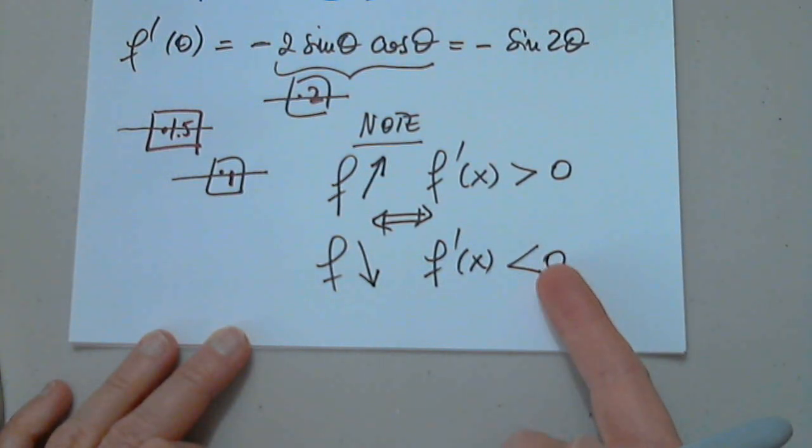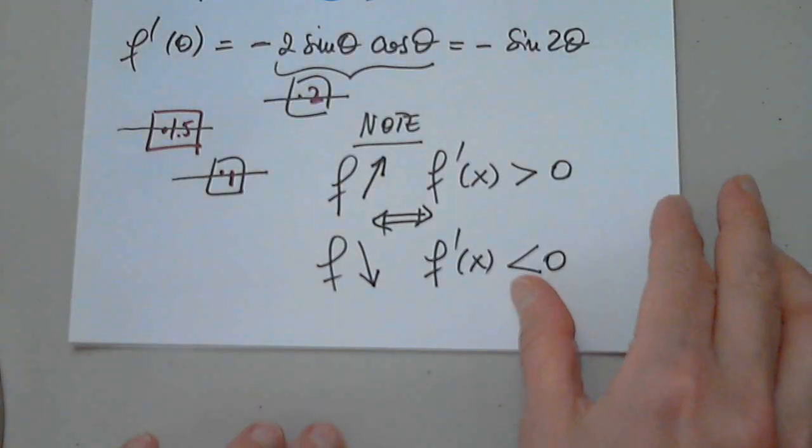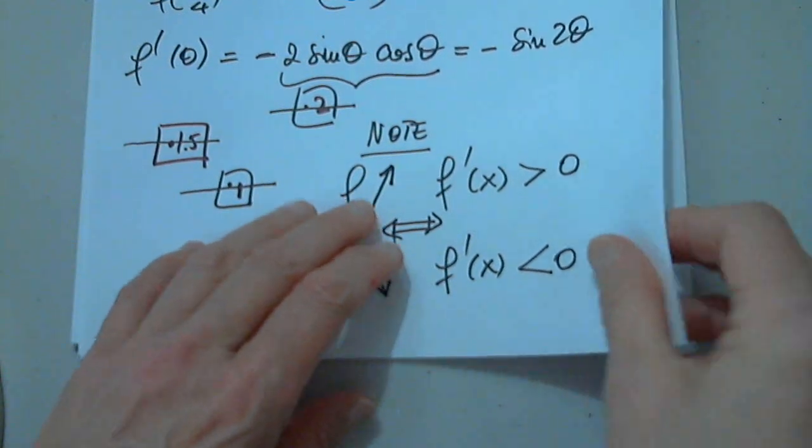Awesome. If f prime of x is negative, it means f is decreasing. Awesome. Thank you. Okay, so I just wanted to make sure, and let's look at one more, and then I think we have enough, unless you say no.